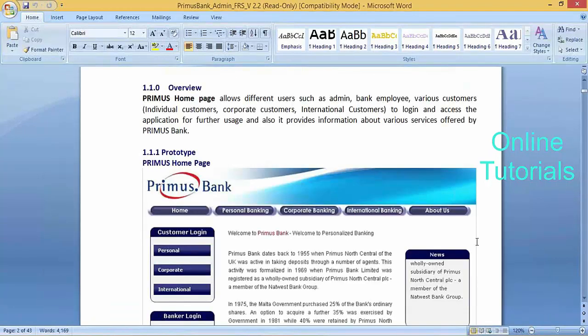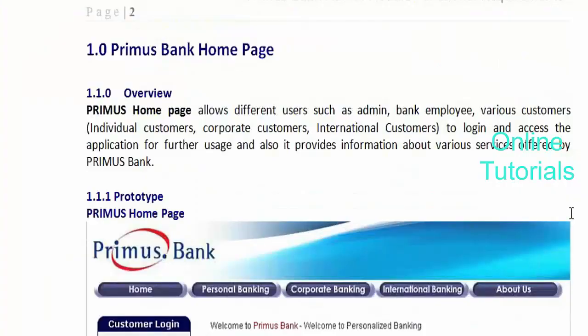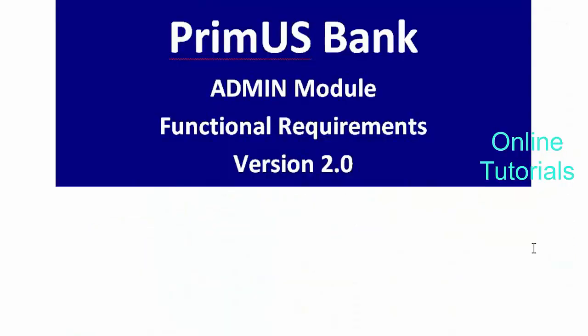This is the FRS document, the functional requirement specification document. In this you have different requirements. We have 6 requirements in this particular module. In this bank we have three modules: admin, banker, and customer. Right now we are dealing with only the admin module. Don't think about the customer and banker modules.